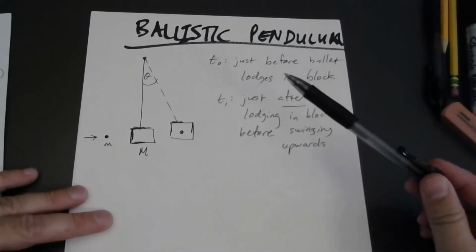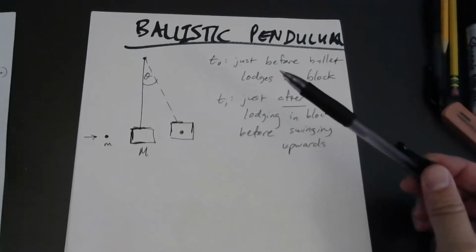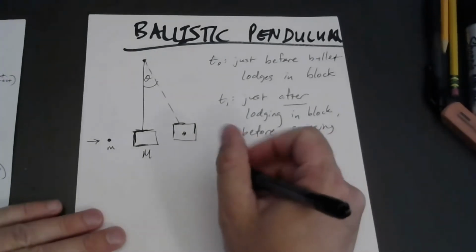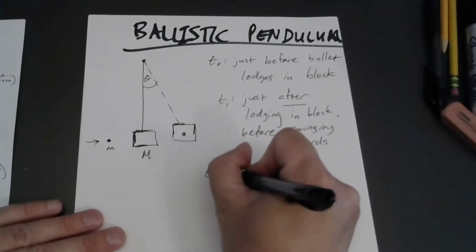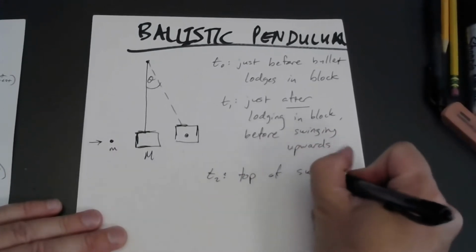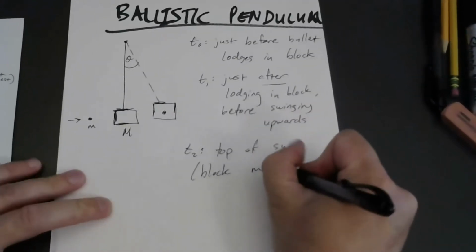I'm looking at the two times just before lodging in the block and just after, but before swinging upwards. And then the last time, T2, I'll just say the top of the swing, and the block is momentarily at rest.